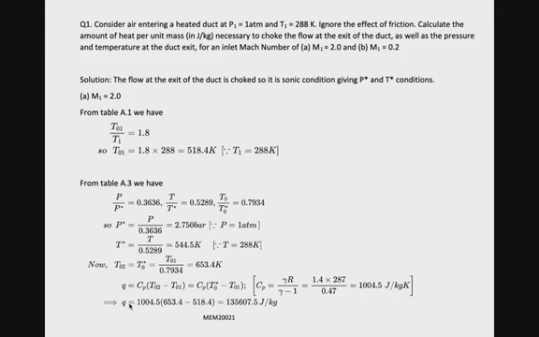Finally, putting the respective values of Cp and these temperatures in this equation, we get 1135607.5 joule per kg for M1 equal to 2.0.